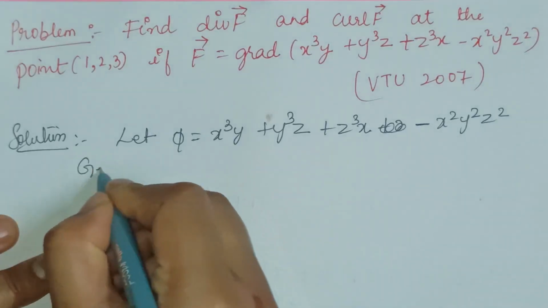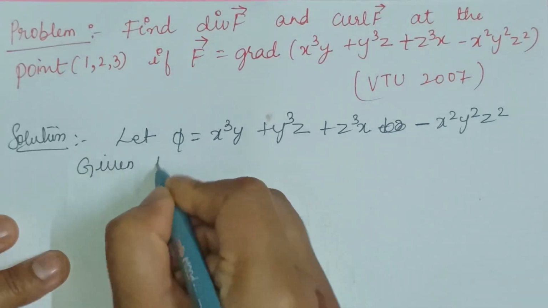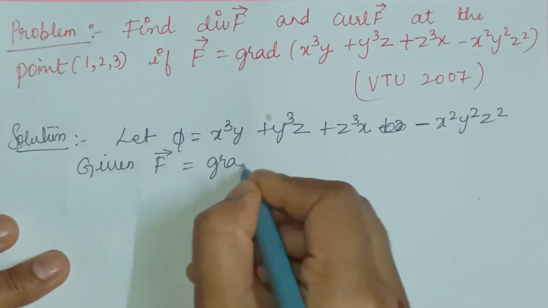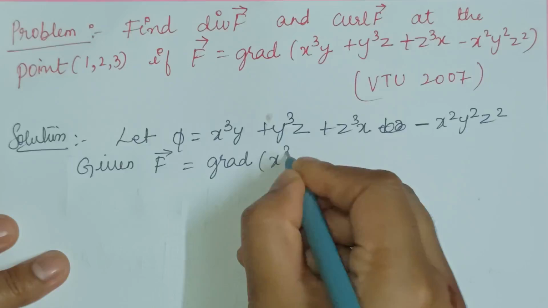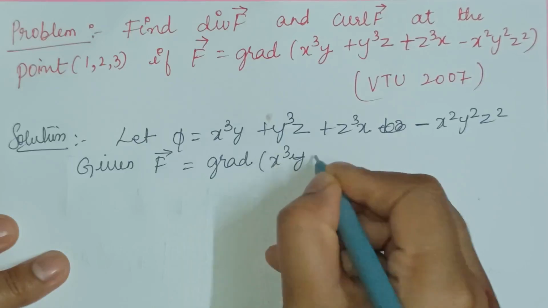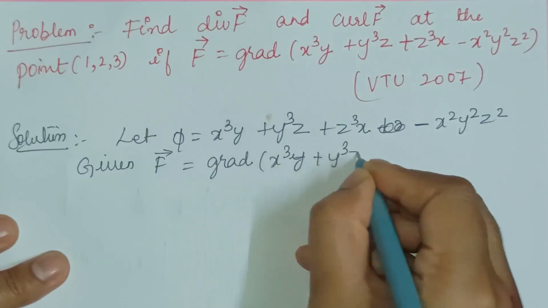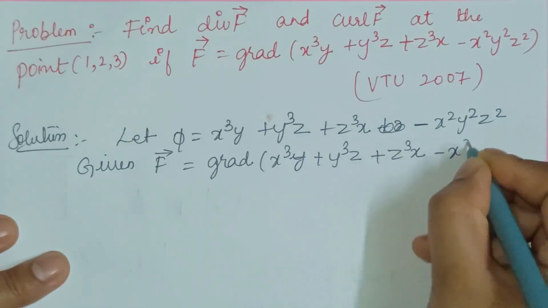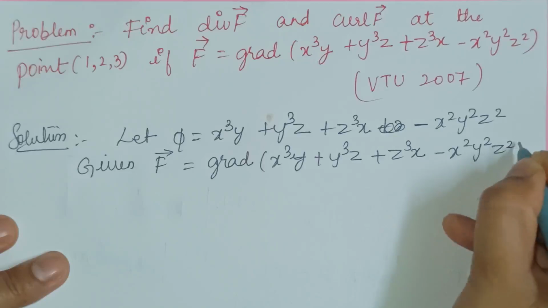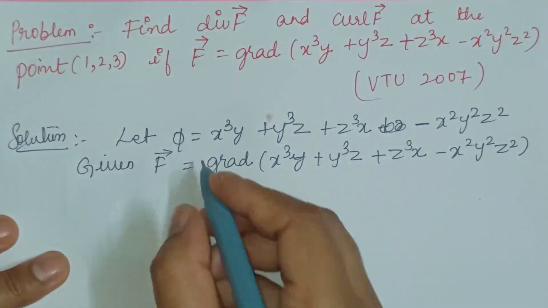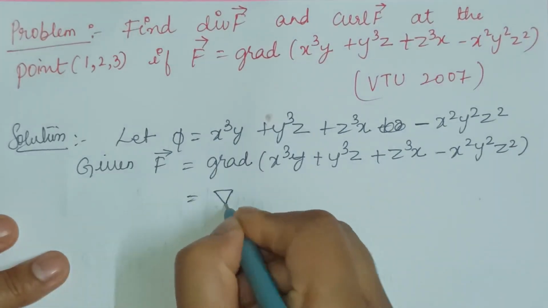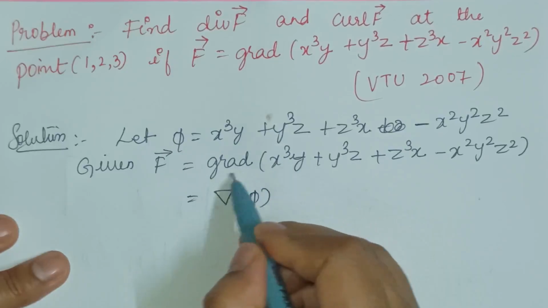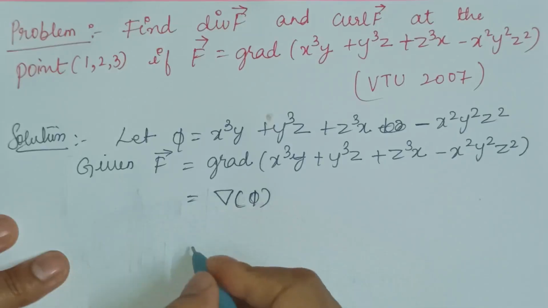So given vector f is equal to grad of x cube y plus y cube z plus z cube x minus x square y square z square, now this can be written as del of phi, correct?